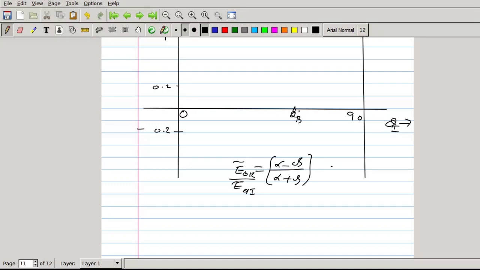Now, if alpha is greater than beta, take 90, when theta equal to 90, alpha is infinite. When alpha is infinite, the complete wave will be reflected and no wave will be transmitted.